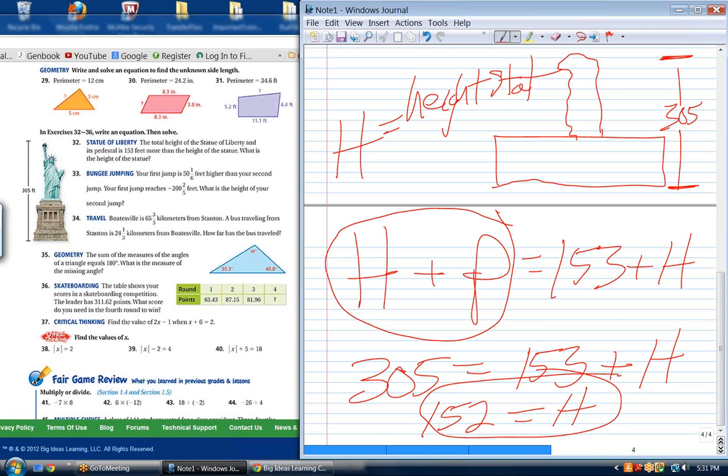So when you get a final answer and you look at the problem, make sure your final answer makes sense. If the height of the statue was 152, then the total height of the statue and pedestal would be 153 feet more than 152. And that's correct.